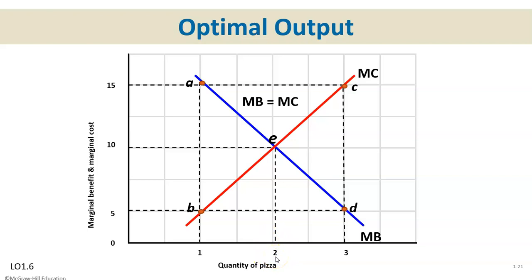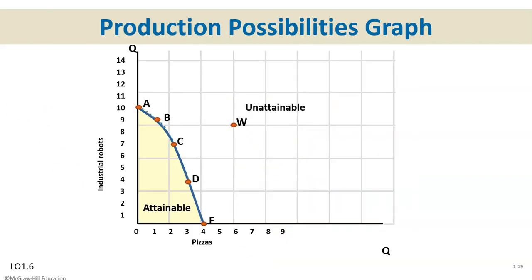And if we flip back to the other graph, here you can see at 2 pizzas, then we're at point C, where we're making 2 pizzas and 7 robots. So it tells us the most optimal point for society to be is to choose to produce at point C.